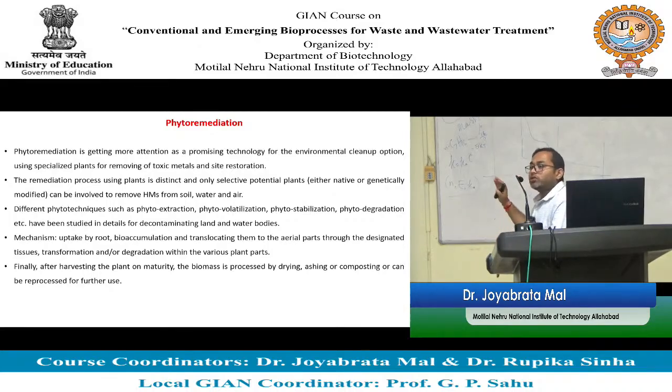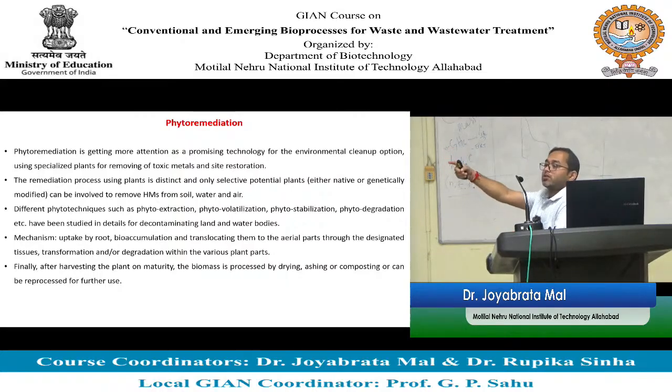Of course, the plant is living, so there is no biosorption. Biosorption can happen at a particular part, maybe root biosorption could be there. So in phytoremediation, one of the major advantages is that this is a non-destructive process. Like a garden, as an in situ bioremediation.